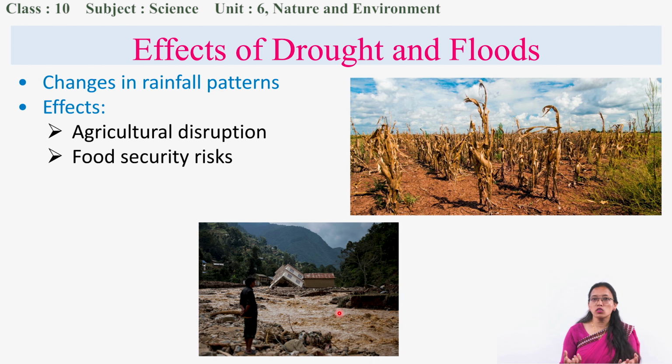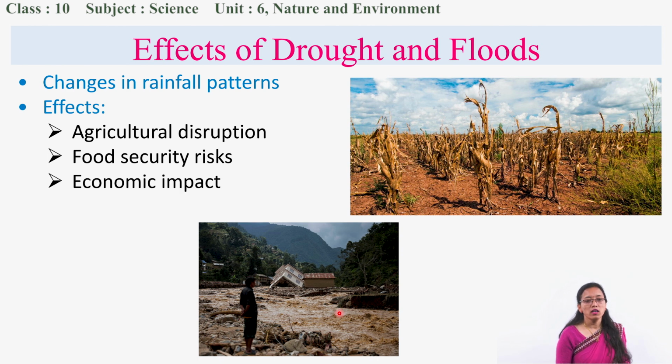The plants cannot grow over there. Even those farms where the plants and animals are grown will be flooded away. Then what happens? Will there be food for the human beings and other organisms over there or not? So because of that, food security will be at risk, and there is economic impact also.